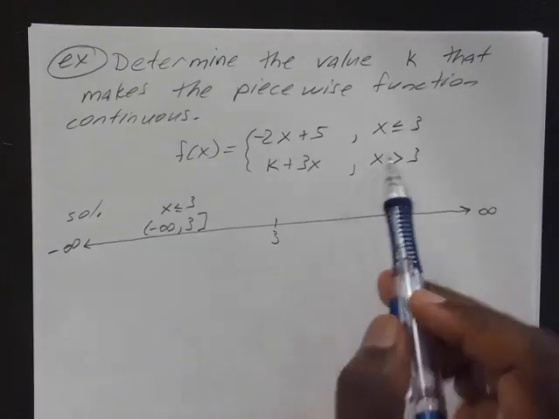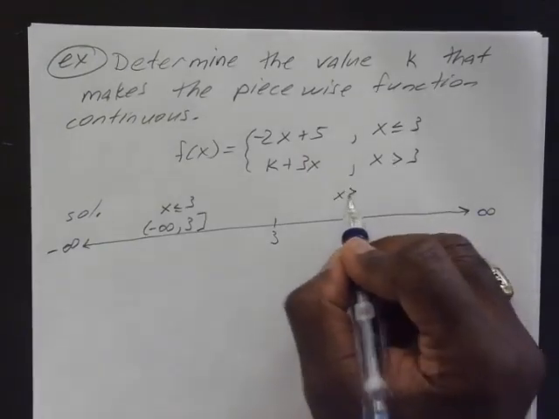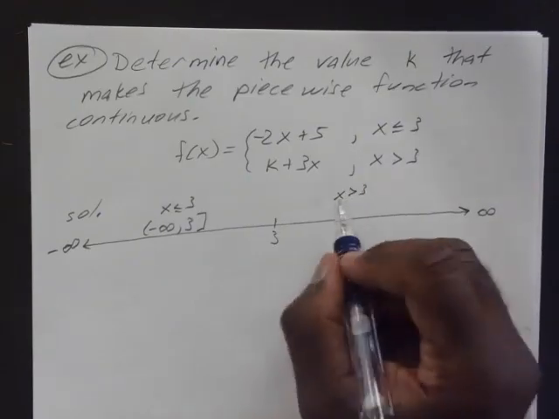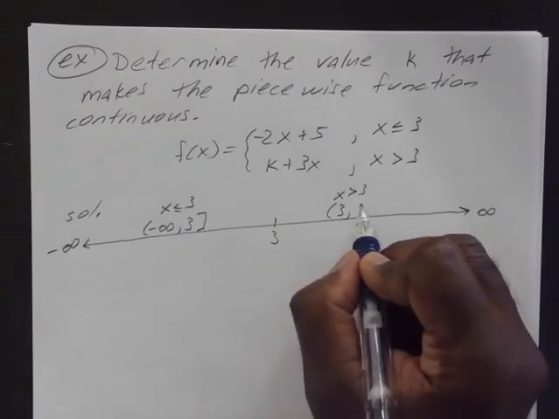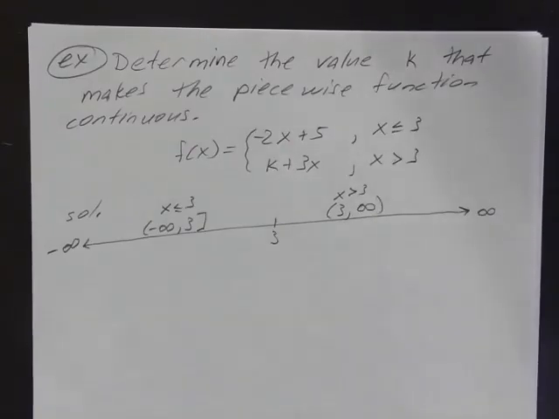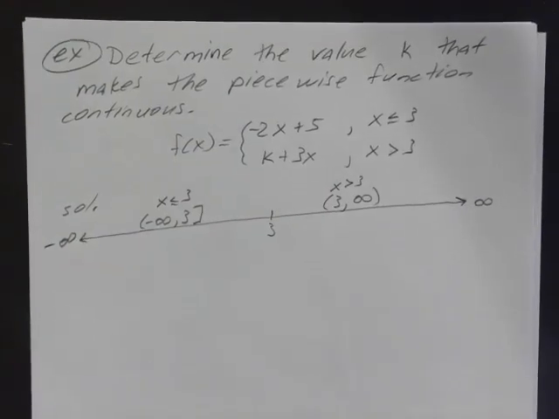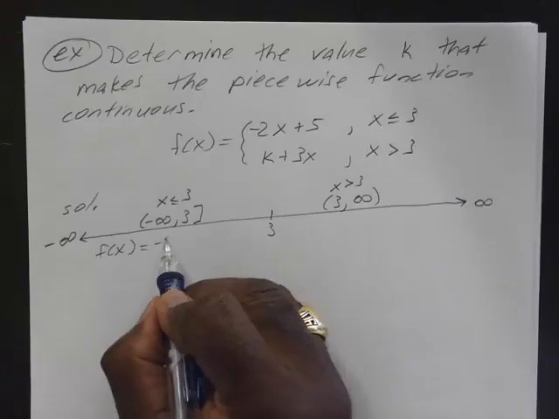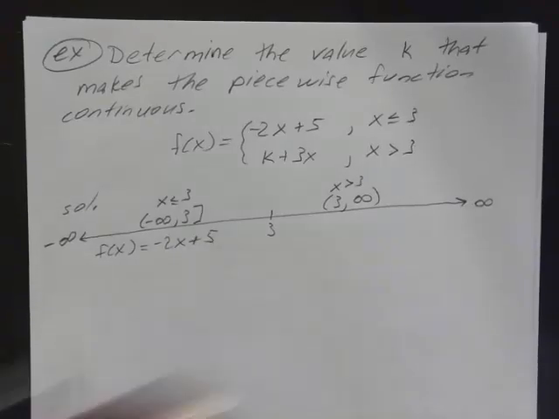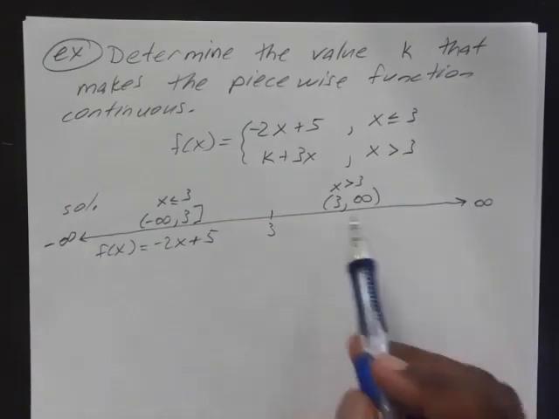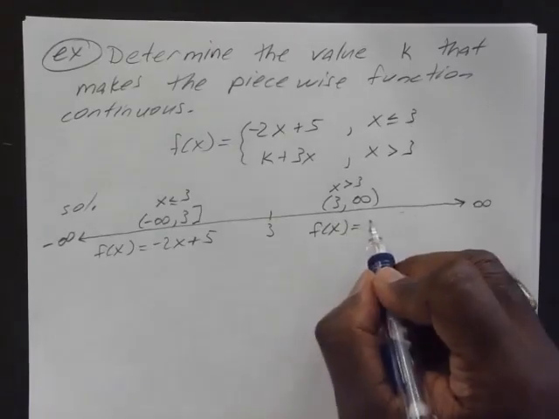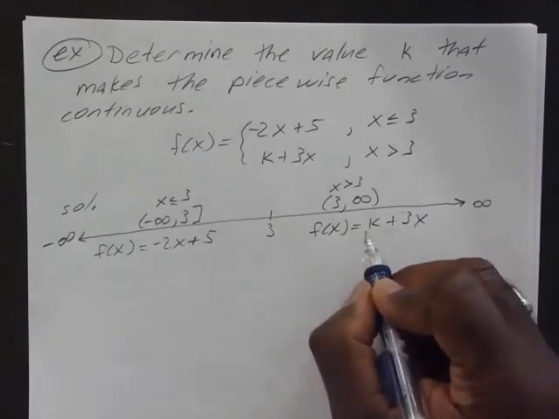And x is greater than 3 just means we're going to go from 3 to infinity because it's just the greater than. We know we're going to have the parentheses. Okay, so we know that for this interval, our f of x is equal to negative 2x plus 5. And for this interval, we know that f of x is equal to k plus 3x.